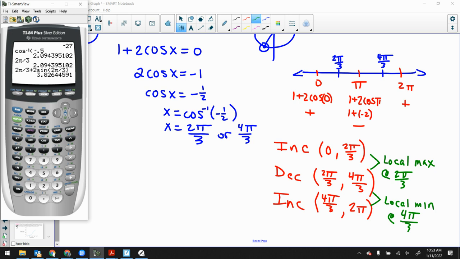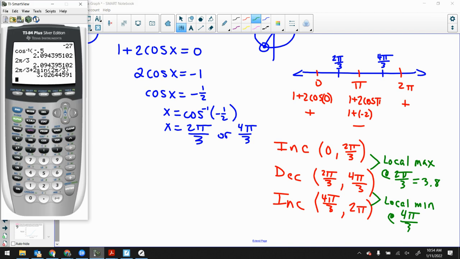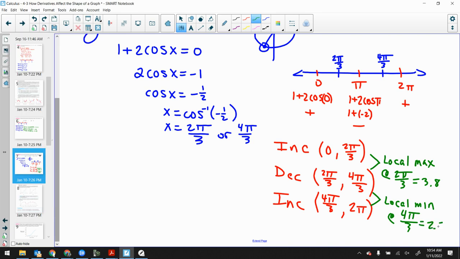I'll just leave it at that. It's probably some irrational number with a radical in it. And then let's see where the local minimum happens. Well, it happens at 4 pi over 3, but let's see what it is. I'm just going to copy and paste that and change that into a 4 pi over 3. 2.5. I'll round it to 2.5. Those are the y values where those things are occurring.